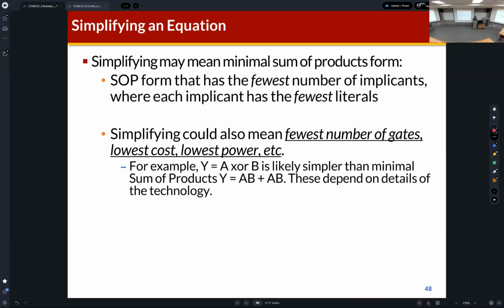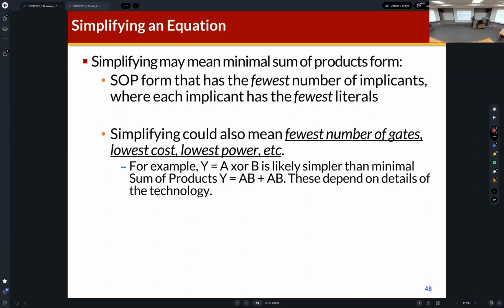Every truth table, the result of binary inputs, can be represented in SOP form or POS form. In the SOP form, we can use the min terms, and in the POS form, we can use max terms.